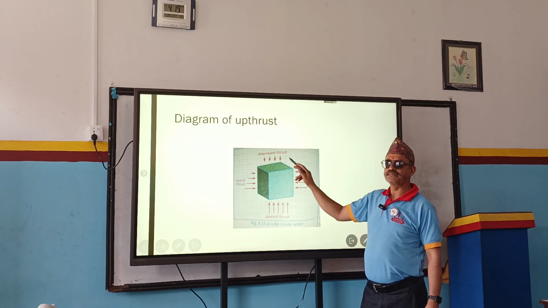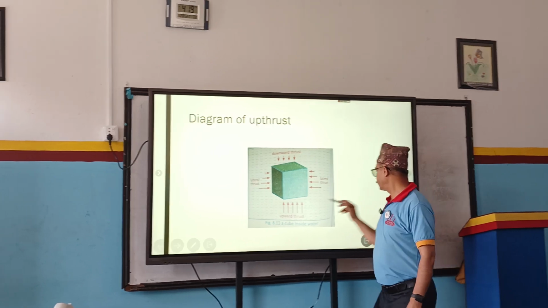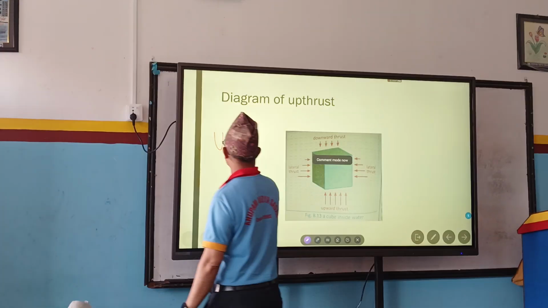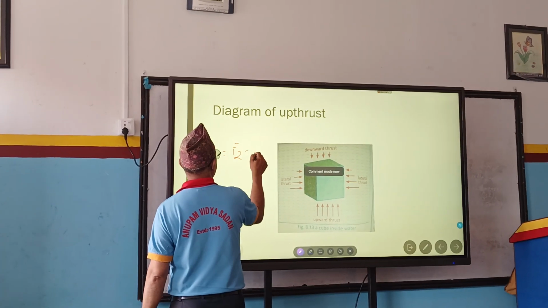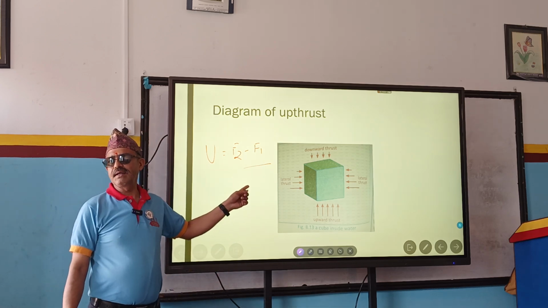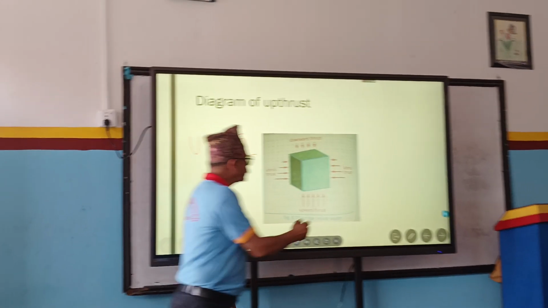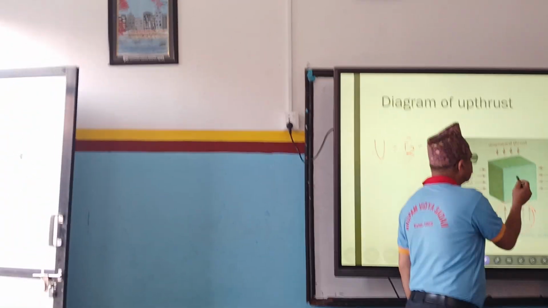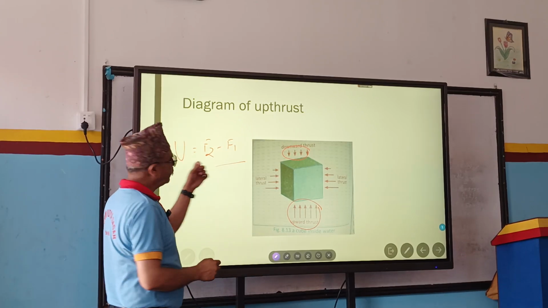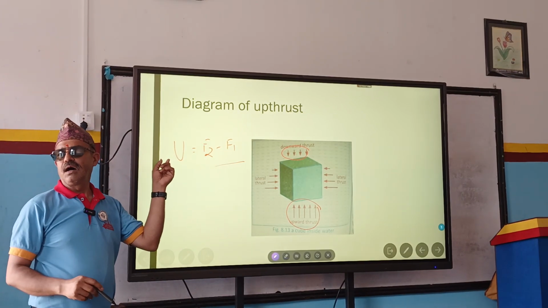So it will be like this: U means F2 minus F1. It means the force applied from downward is more than the upward one, and that difference force is called upthrust.